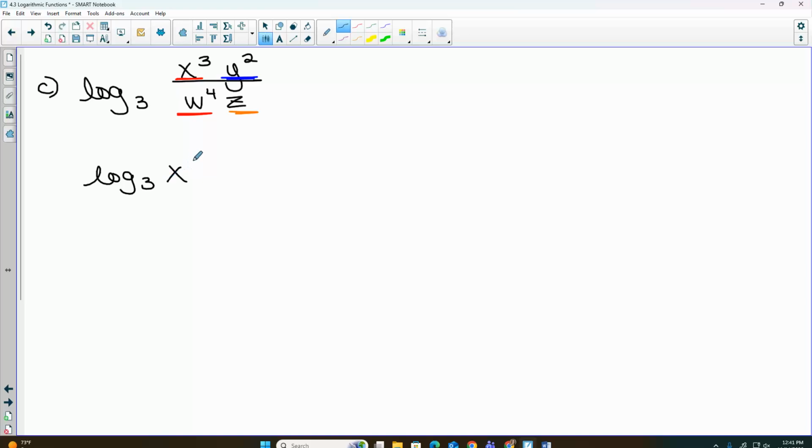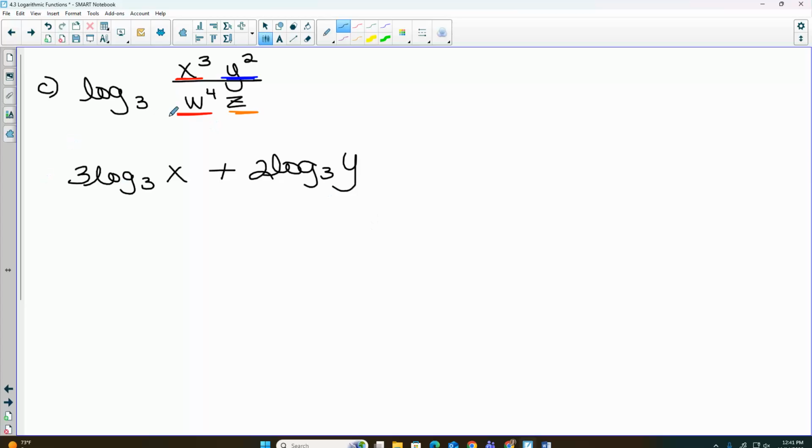It was x cubed, so what do I do with the cube? Okay, this was multiplied, so plus log base 3 of y squared. So the square goes to the front. Okay, both the w and the z are on the denominator. So what will I be doing with both of those logs?